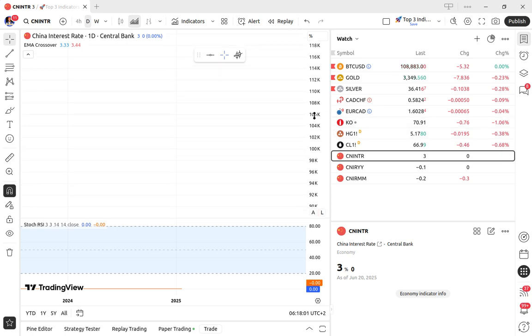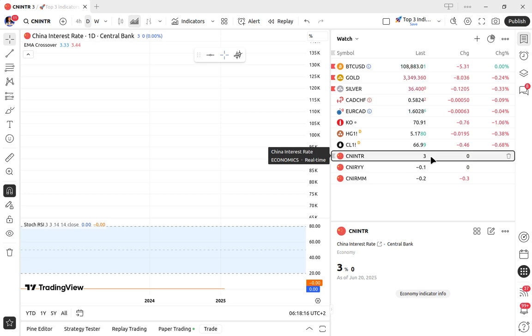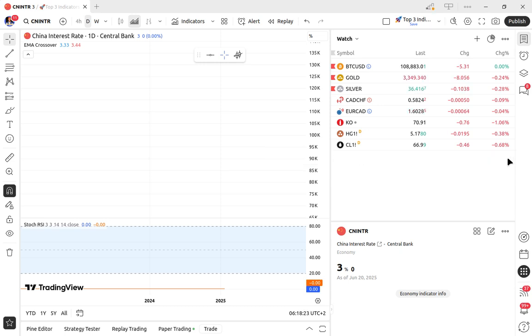So basically, what you're doing is comparing the two. So when the inflation rate exceeds the interest rate, that's your signal. It gives you a signal. It means something is happening in the economy.